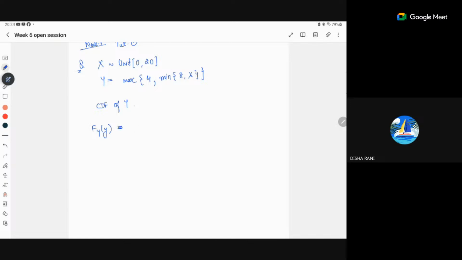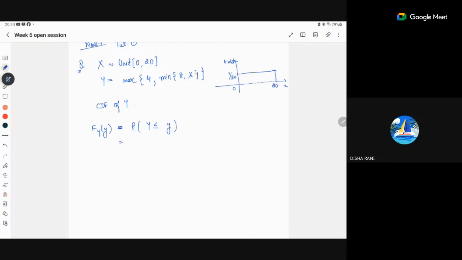To find the CDF, we need to find F of y, which is the probability that Y is less than or equal to y. So let's say this is my 0 to 20, this is 1 upon 20, f of x, and this is my x. Now you will have to look at different cases for this y.